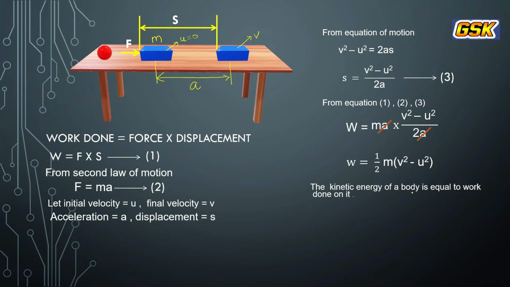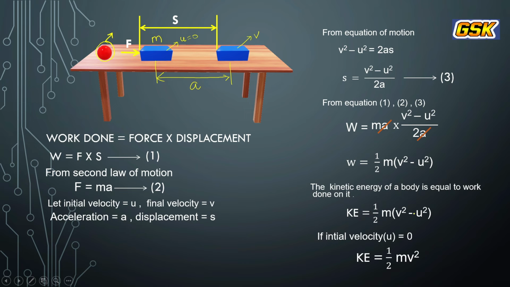What is the kinetic energy of the body? It is equal to the work done on it. So kinetic energy is equal to half m (v square minus u square). Now, if the initial velocity is 0, the object is at rest, then the change in kinetic energy is equal to half m v square.